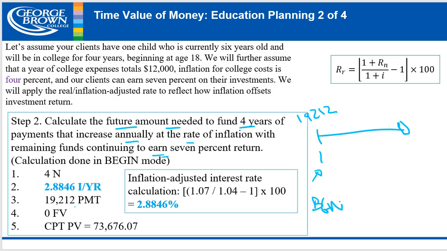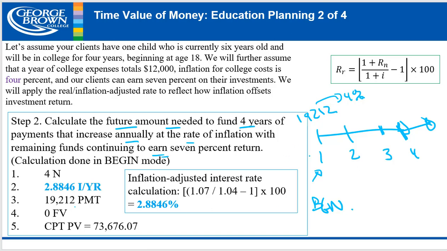So our calculator is going to be in the begin mode. And then there's going to be a payment at the beginning of the second year. It's not going to be that same amount. That's going to be inflating by 4%, okay? And a payment is going to be made at the beginning of the third year, and then a payment is going to be made at the beginning of the fourth year.